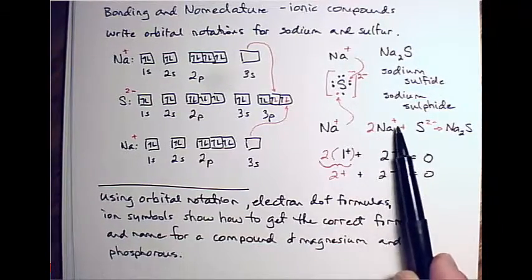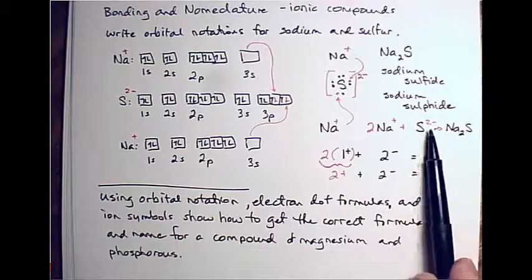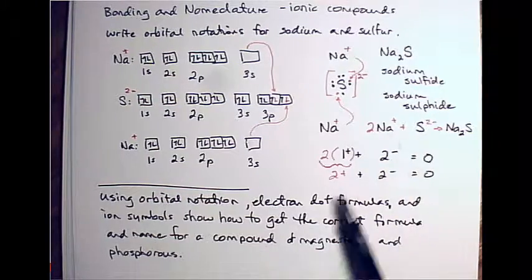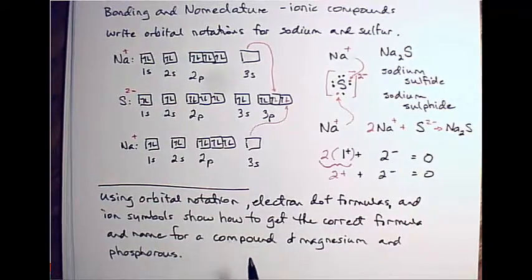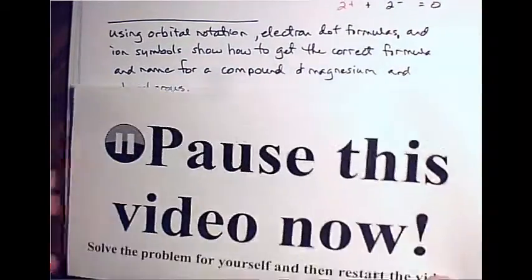Na plus is an ion symbol, S2 negative is an ion symbol, and use all 3 of those to get to the correct formula and name for a compound that has magnesium and phosphorus in it. Okay, correctly balanced compound name and formula for a combination of magnesium and phosphorus.